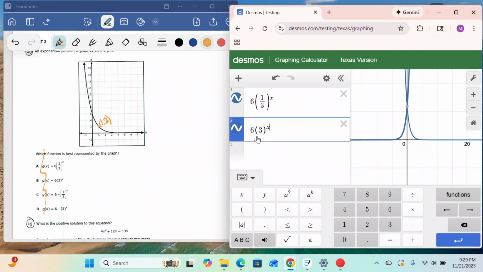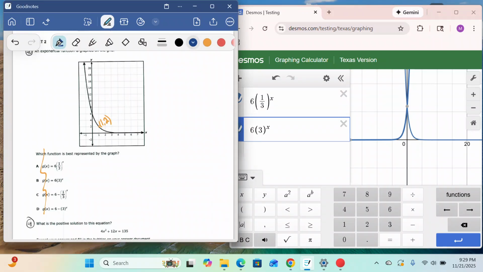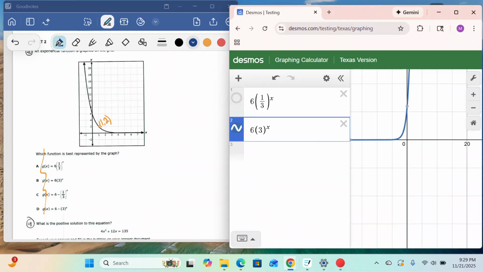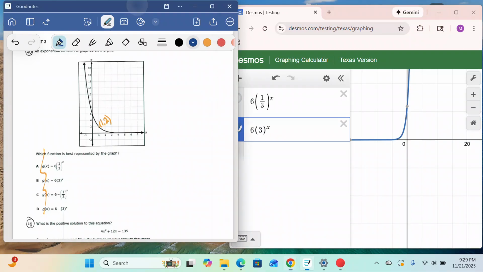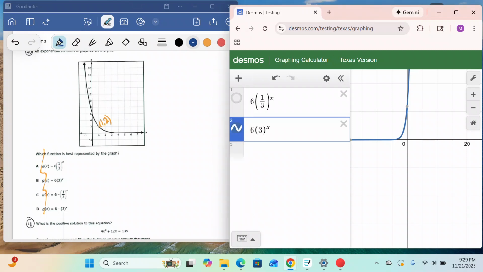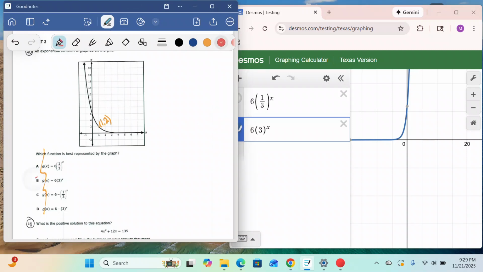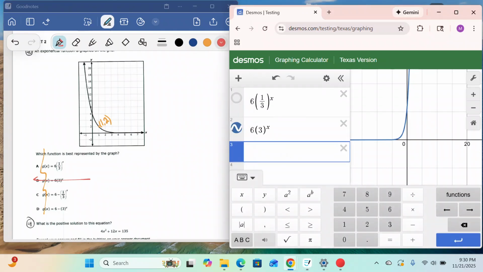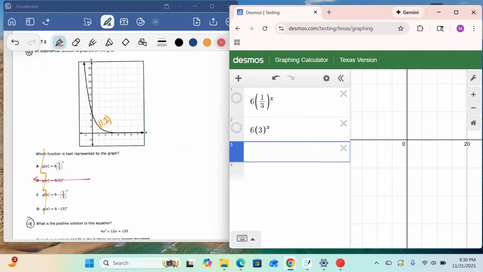Automatically with the second one, it's backwards. If you look at the second graph, it's upside down, so this one is automatically out. Let me go ahead and click on this one as being out. So that solves that problem, but I would still leave it there just to double check my work.